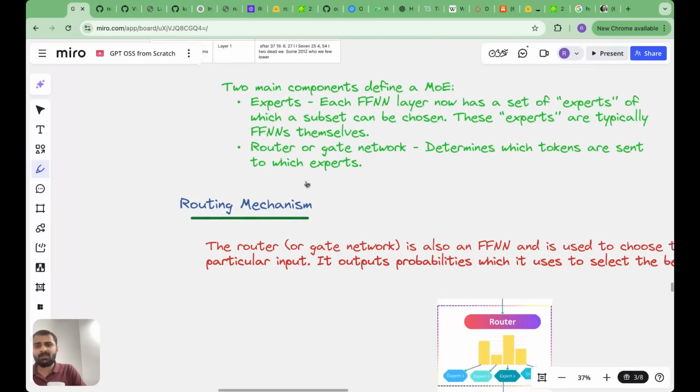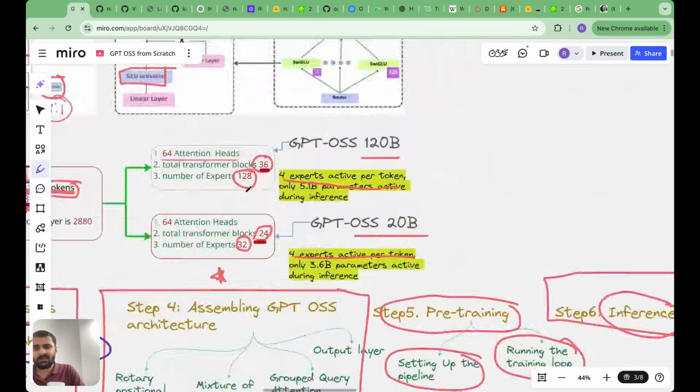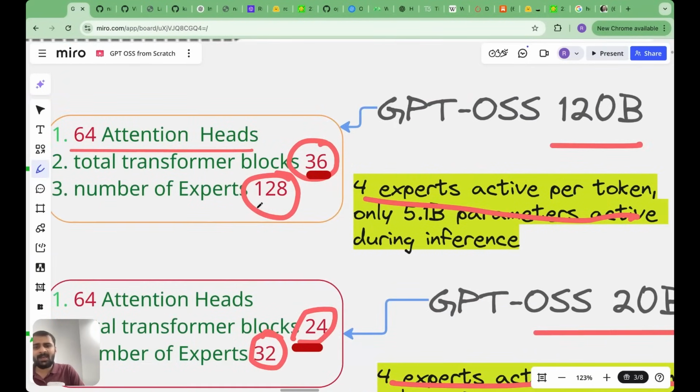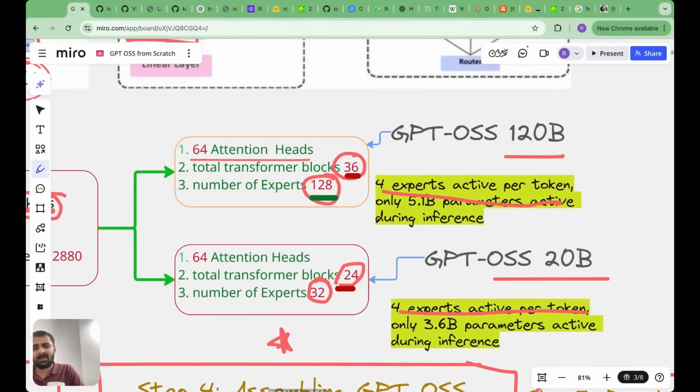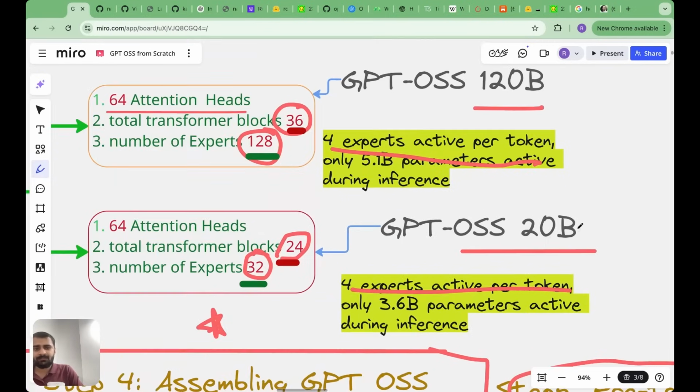Now, if you look at GPT OSS and the way they have implemented their mixture of experts architecture, they have 128 experts in the 120 billion architecture, and they have 32 experts in the 20 billion architecture. And in both of these, four experts are active for every token, which means that even if it's a 20 billion architecture, only 3.6 billion parameters are active during inference.